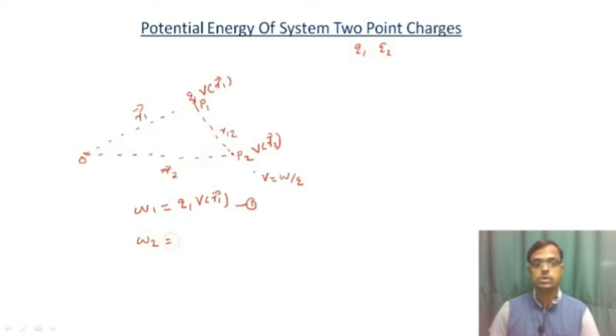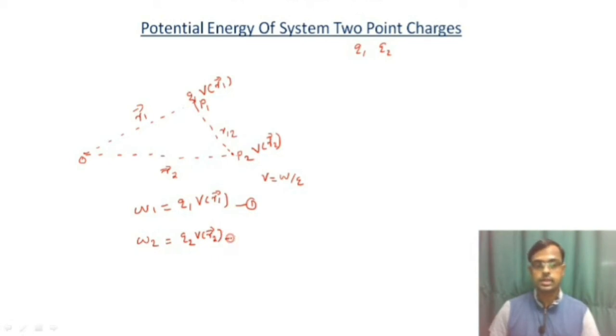First, the work has to be done due to this potential V of R2. So you are bringing the Q2 here, so write Q2 into V of R2. Now again some more work has to be done due to the presence of Q1.